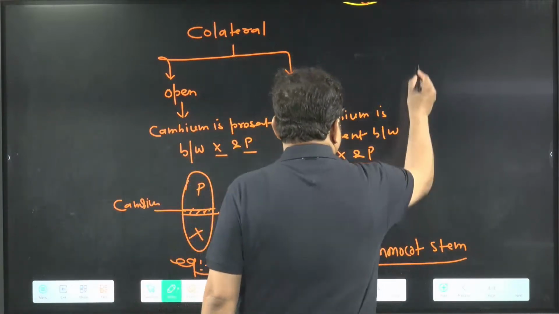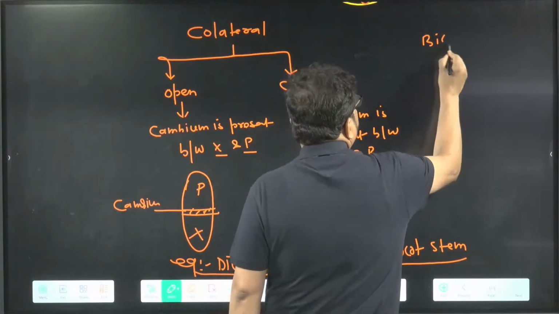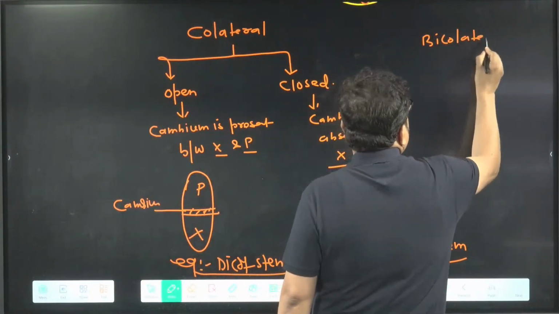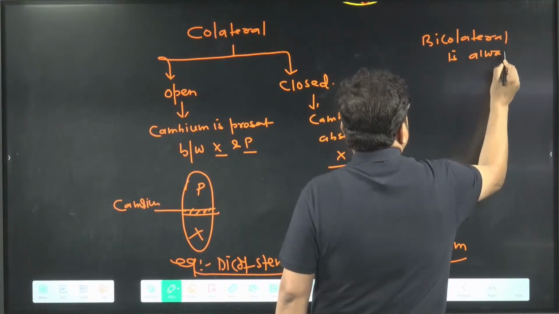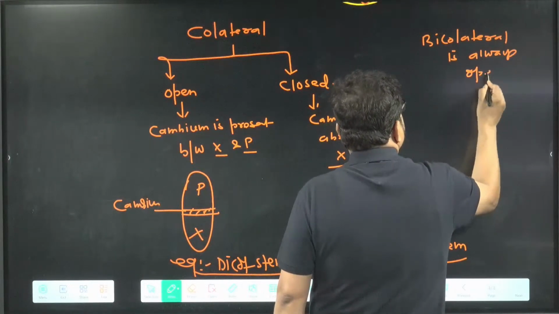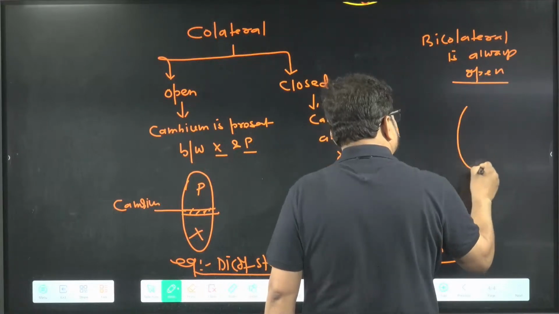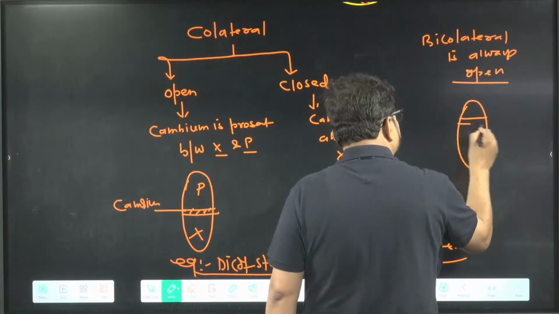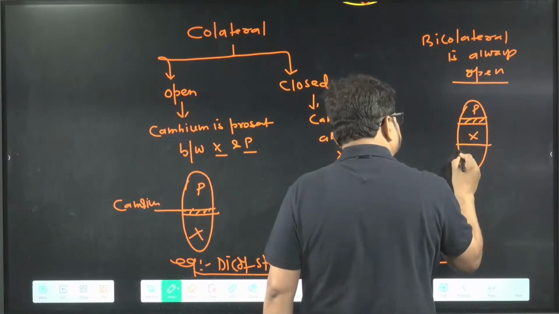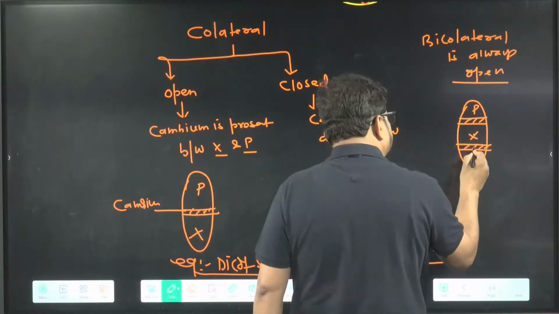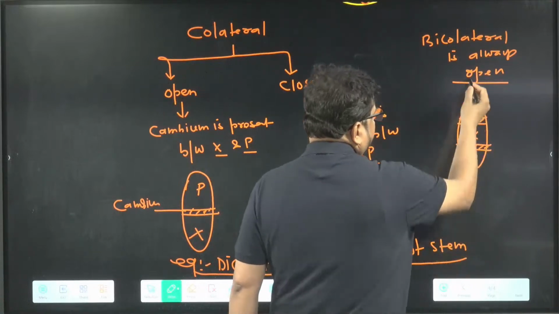Now bicollateral is always open. You write like this. Because we also write bicollateral, na? So I am drawing bicollateral. Here phloem, xylem, cambium, phloem, cambium, xylem, cambium, phloem. It is always open.